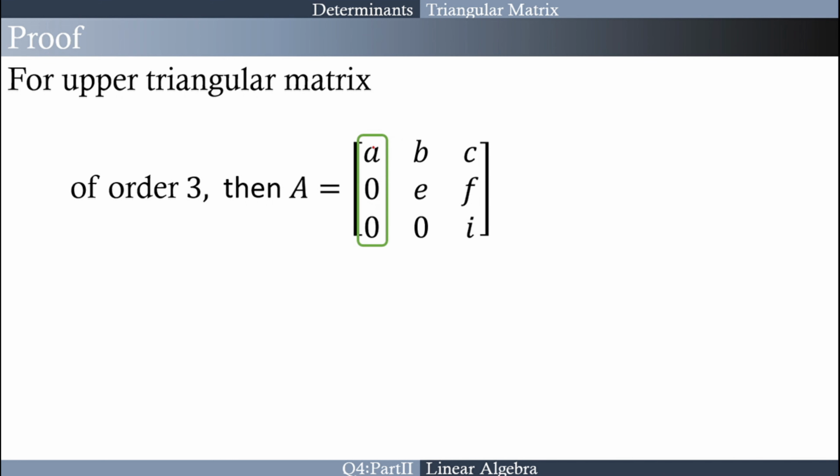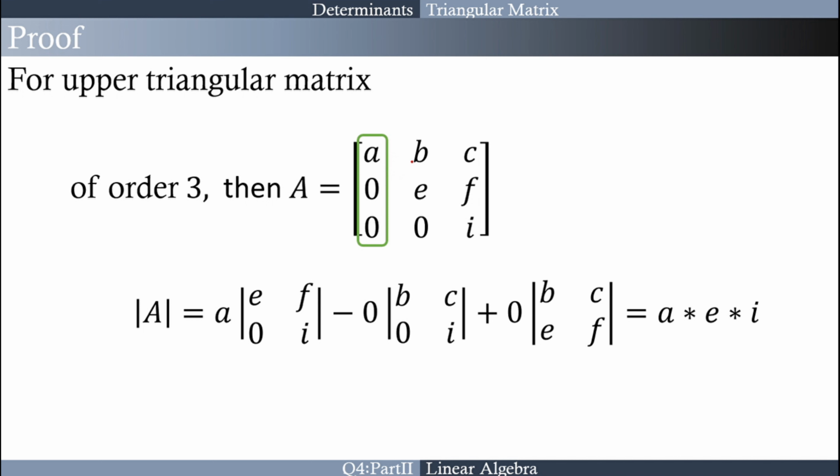So we will work with that first column. If we expand using Laplace expansion along the first column, we get the first entry multiplied by its minor, the submatrix, minus 0, the second entry in that column, multiplied by its minor, plus the third entry in that column multiplied by its minor. Since we have the multipliers 0, the product of that, whatever the minor is, is always 0. So that will just be cancelled out.